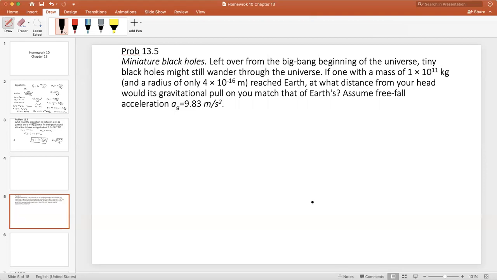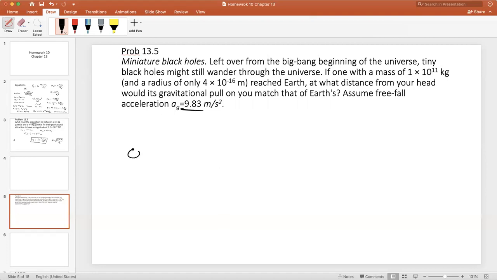Atoms are generally on the order of 10 to the minus 9. So this is ridiculously small.